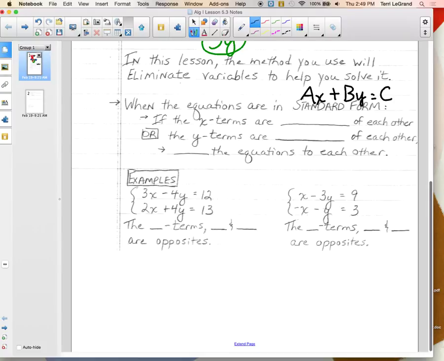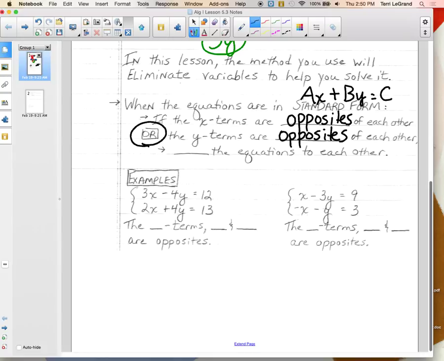Well, when they're in standard form, and not until they are, if the x terms are opposites of each other, like happened in number 2 above, right? Weren't the x terms opposites of each other? Or, notice it says or, not and, the y terms are opposites of each other, which is what happened in number 1 up above.